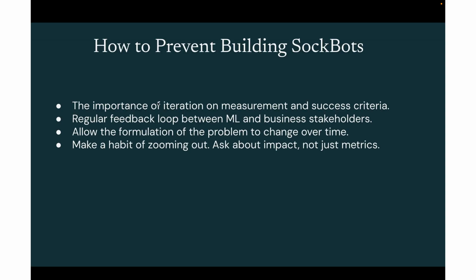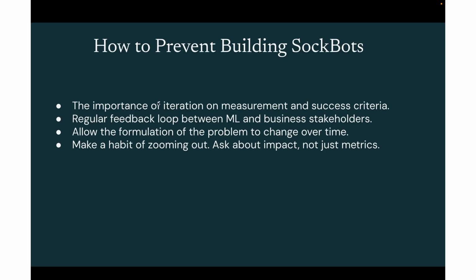So I guarantee that if you have a substantive machine learning project that's going to really make a difference to the business, what's going to happen is that you will learn more about your business as the project goes on. And so that requires a habit that needs to be consciously cultivated.